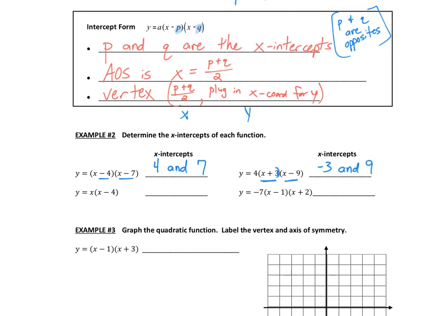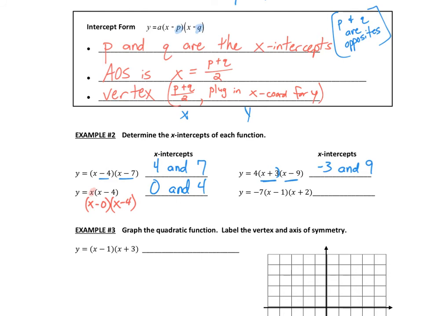In the bottom left, this can be rewritten as x minus 0, x minus 4. Because if you look in the problem, there's nothing subtracted from that first x. So what number means nothing? 0. So the intercepts are 0 and +4.